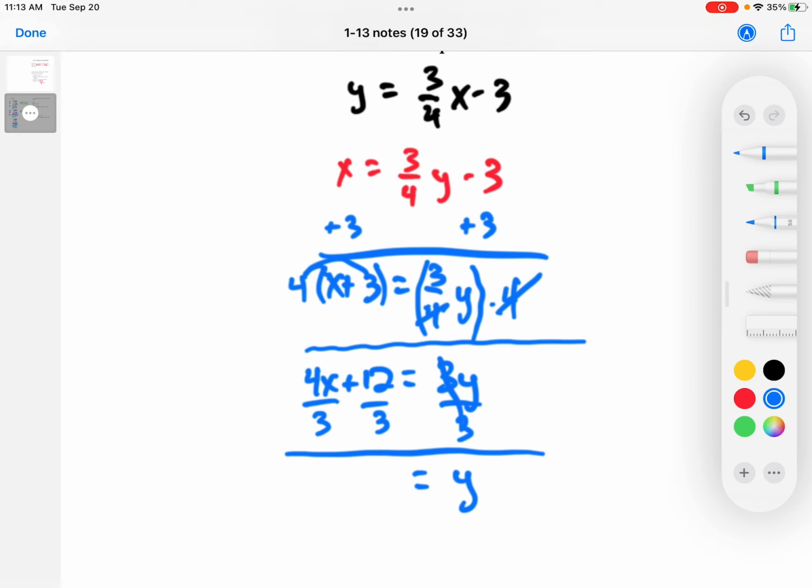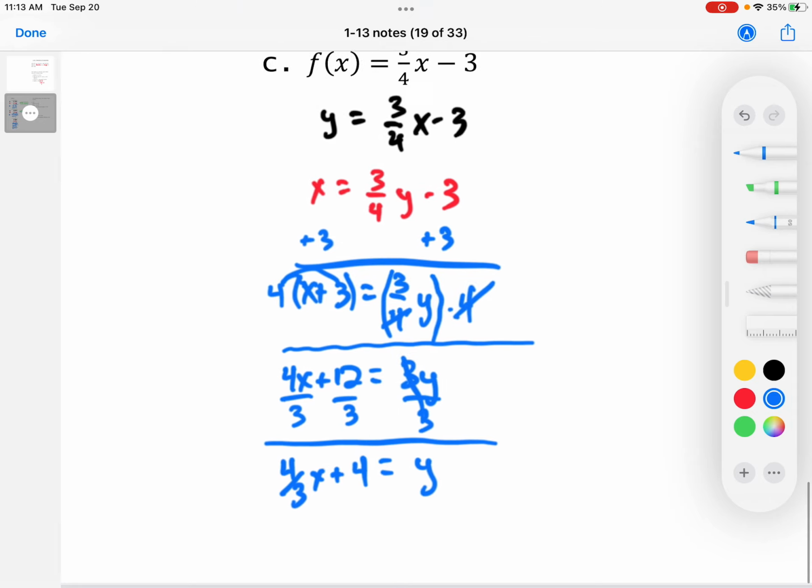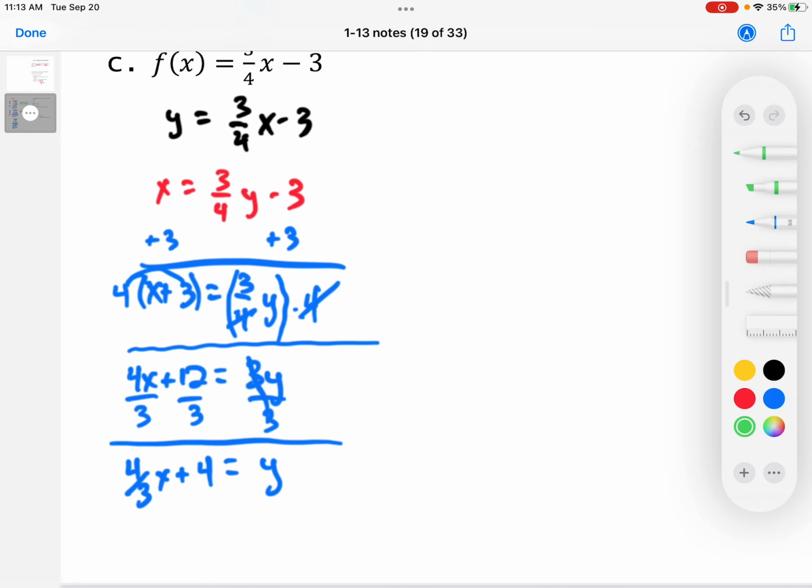We've got it right there. That on the left is going to turn into 4/3 times x, and 12 over 3, well, that's just plus 4 right there. Okay, step number 3 is complete, so we finish it off by fixing our notation. F inverse of x equals 4/3 of x plus 4.